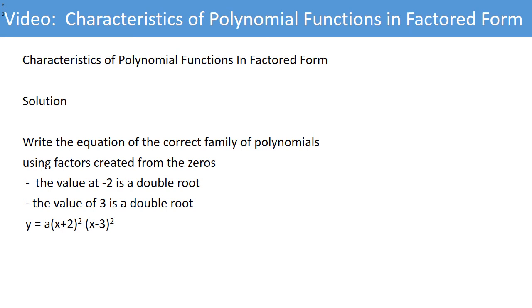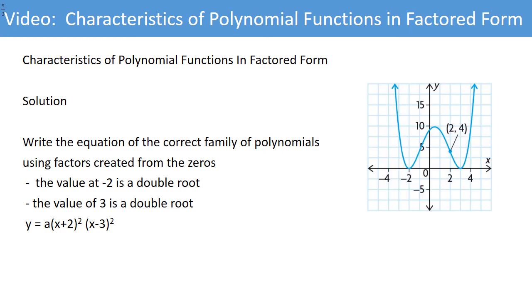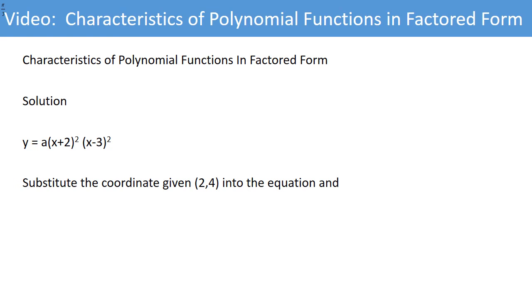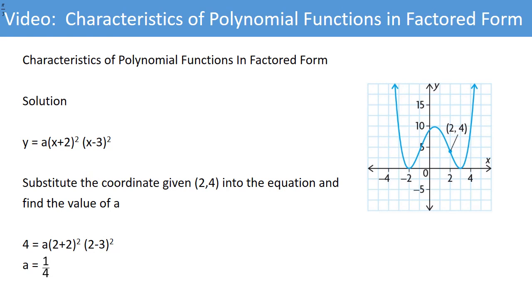Now, what's our next step? To find the value of a. We were also given the coordinate (2, 4), so we can substitute that into the equation and find the value of a. And when we do that, we will notice that a is 1/4.